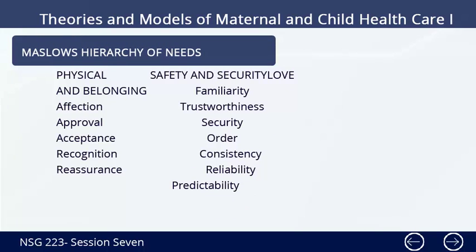Love and belonging: affection, approval, acceptance, recognition, reassurance, familiarity, trustworthiness, security, order, consistency, reliability, predictability.